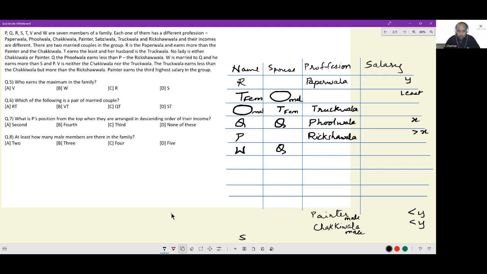Now I will change the variable notation here.